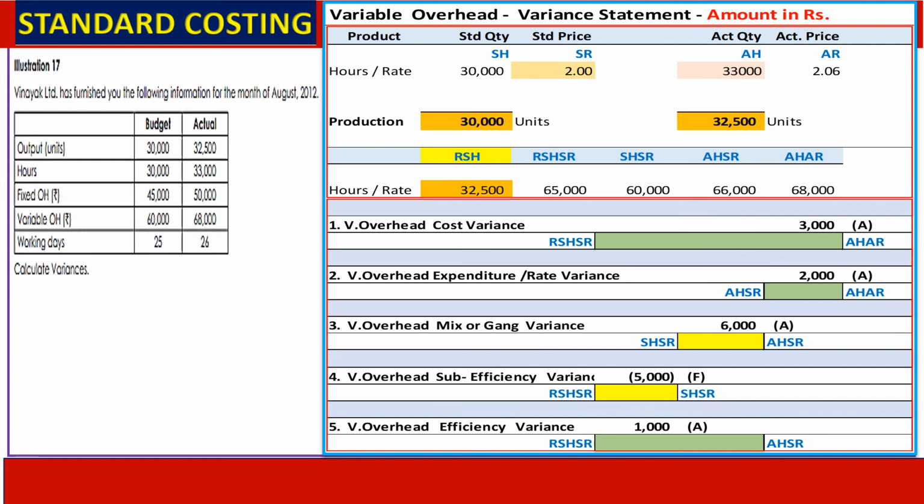That brings us to the variable overhead part of it, which is once again simple. Fixed overhead we are not taking here. We will not be taking the number of days. Both these have relevance to fixed overhead variance. Post the other things: production 30, 32,500, hours 30,000, 33,000, variable overhead 60,000 SHSR, 68,000 is AHAR.